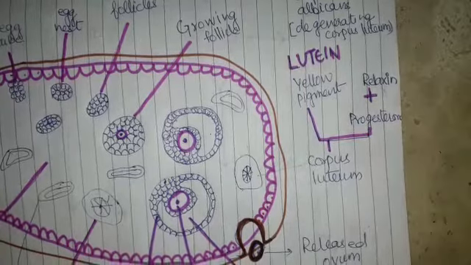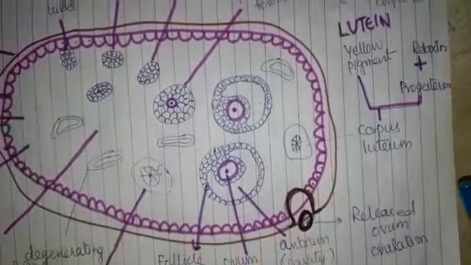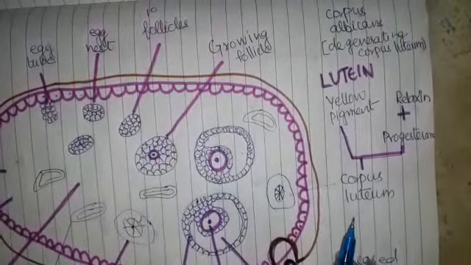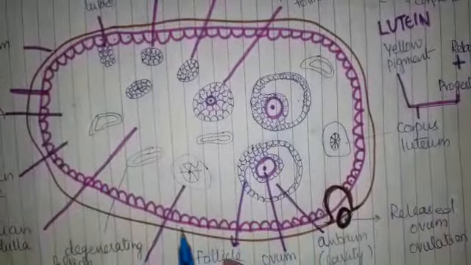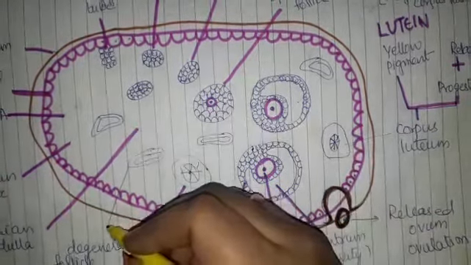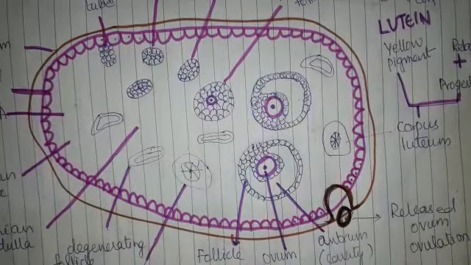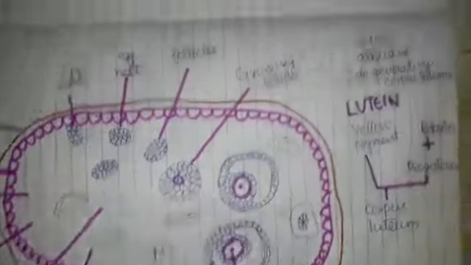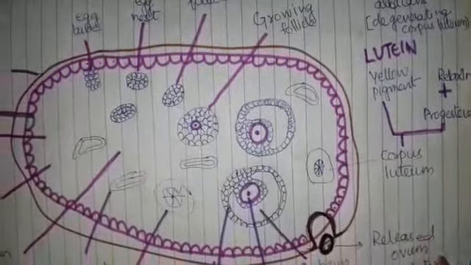This relaxin is released at the time of childbirth, and then this corpus luteum may regress into a white colored body. It can further degenerate into a white colored body called corpus albicans. Okay? This is corpus albicans.